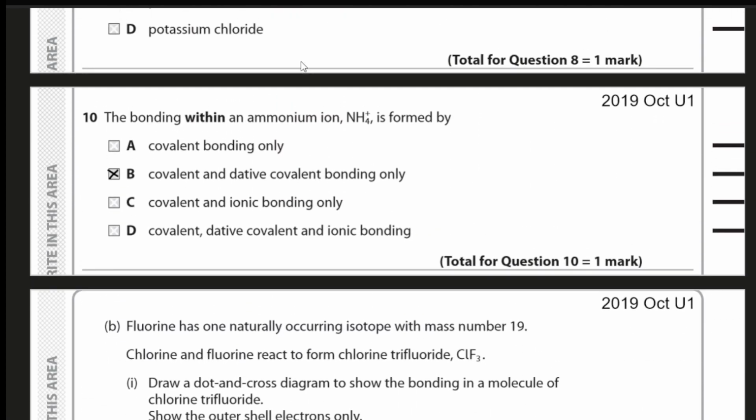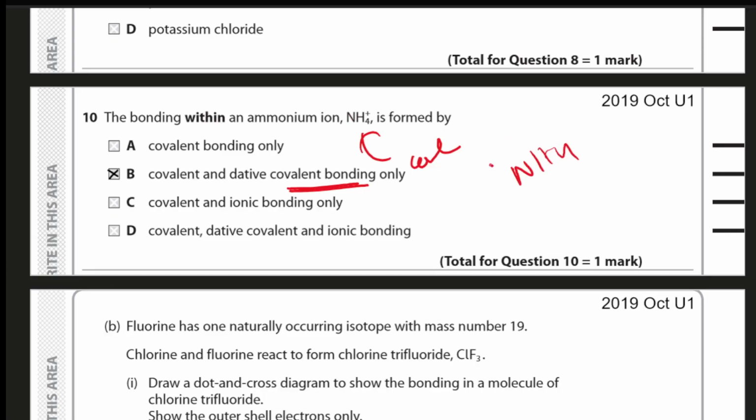Moving on, the bonding within an ammonium ion is formed by what? Now, within an ammonium ion, we know that there are covalent bonds, but there is another bond, which is a dative covalent bond. There is one bond produced between hydrogen and nitrogen.